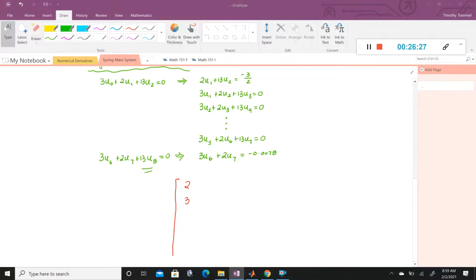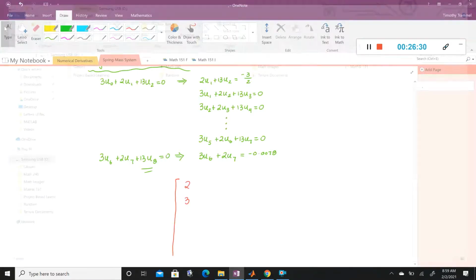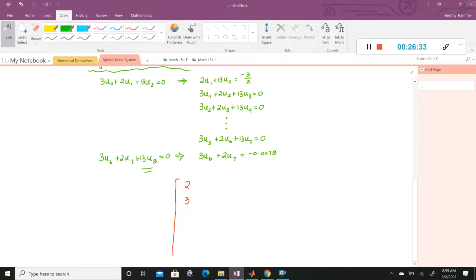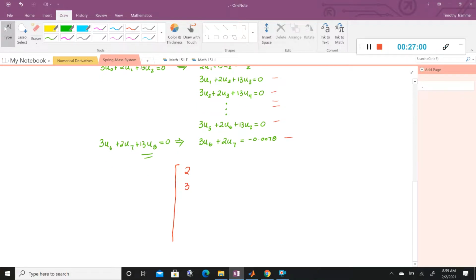Let's also note how many equations we have. We'd be missing a u3, a u4, and then we have our u5 and u6, so we have 7 equations. The rest of these don't have any u1s, so I need to put down 5 more zeros.